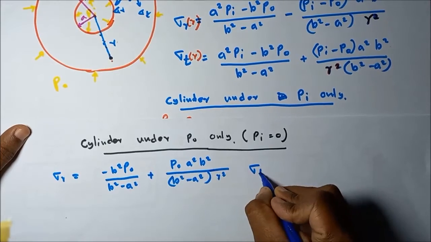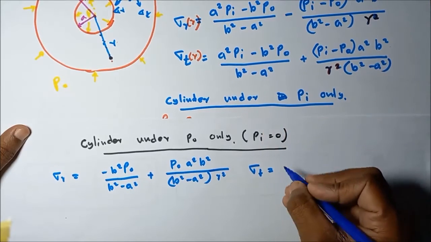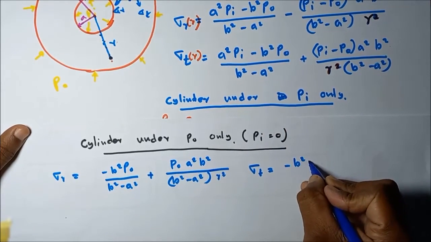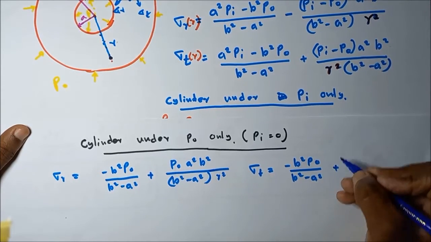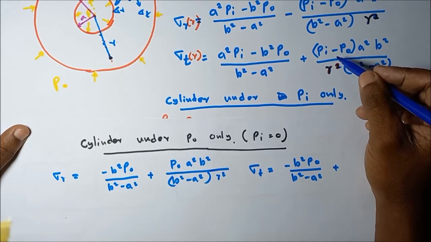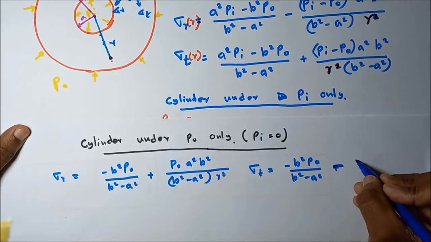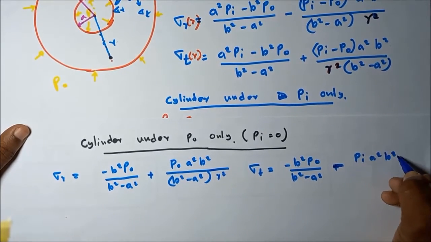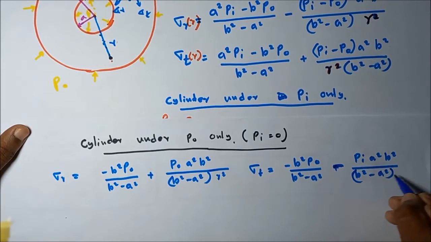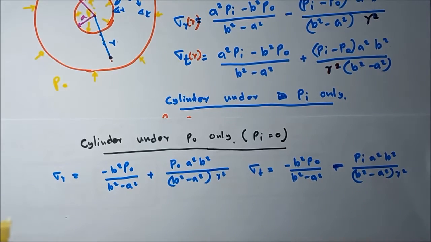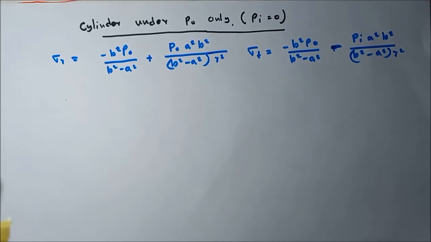For sigma t we can also reduce the equation: with Pi equal to 0, minus b square PO divided by b square minus a square, plus, with Pi equal to 0, the Pi a square b square term divided by b square minus a square into r square. Then both equations we can simplify.